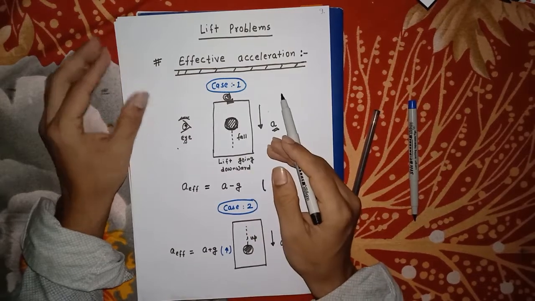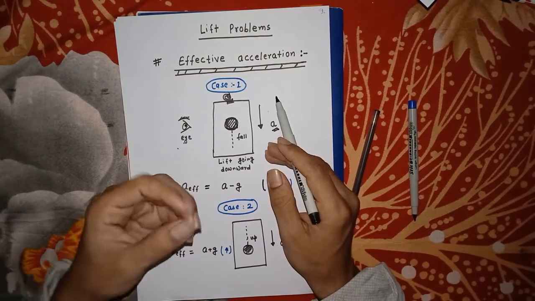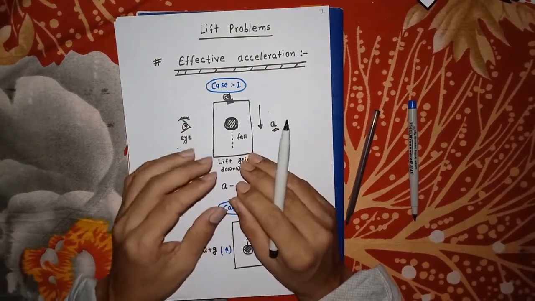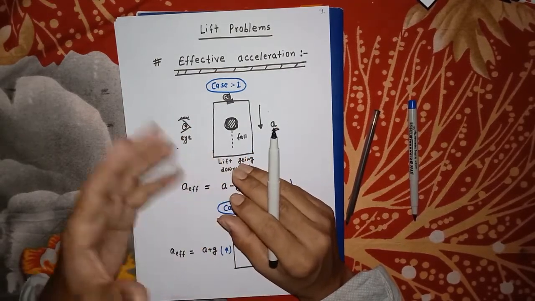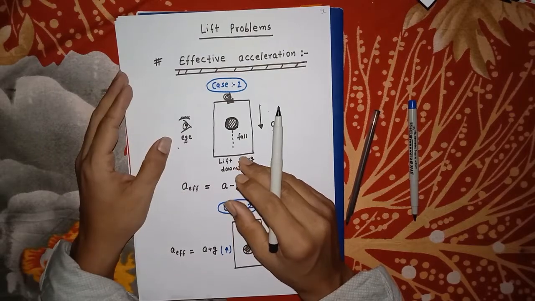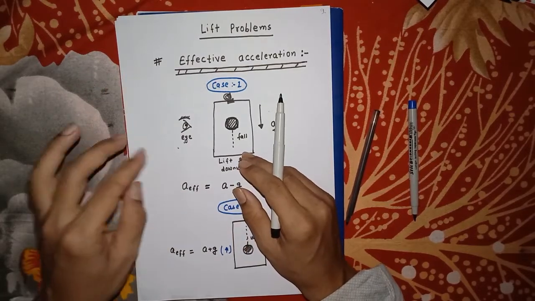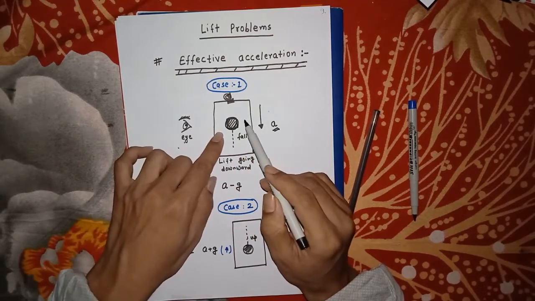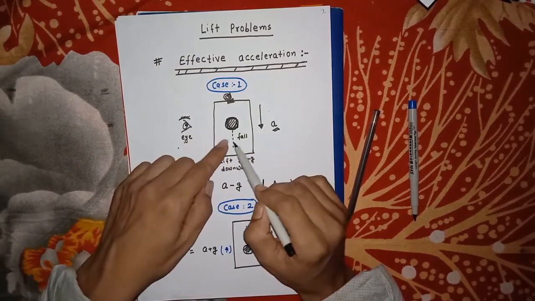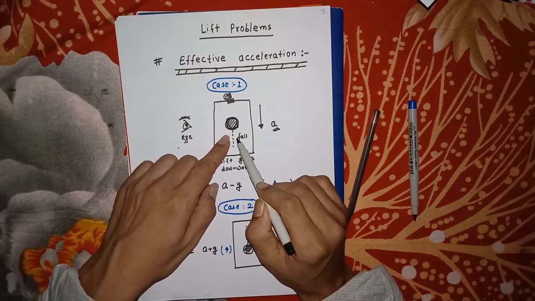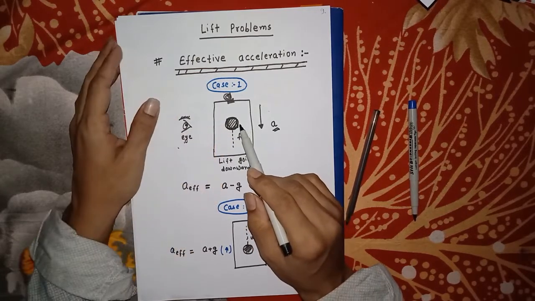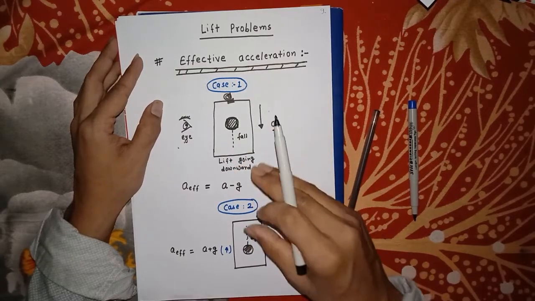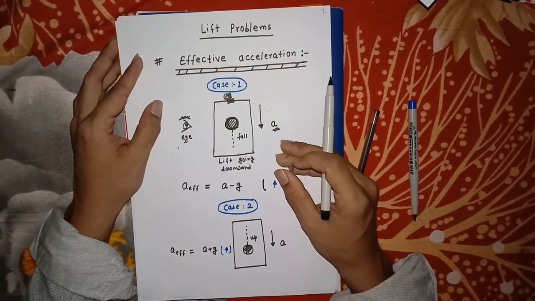My dear learner, I am saying that for both observers, the motion of the ball becomes different. They appear different because the reference frame for me is the ground, but the reference frame for the observer in the lift is the lift itself. That's why, due to the change in reference frame, the motion appears differently.